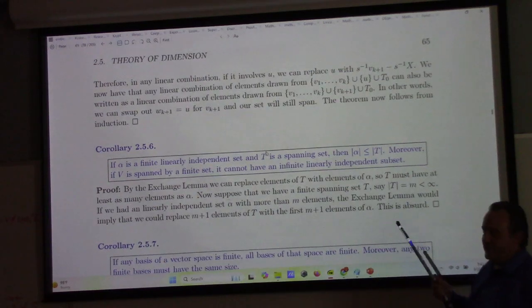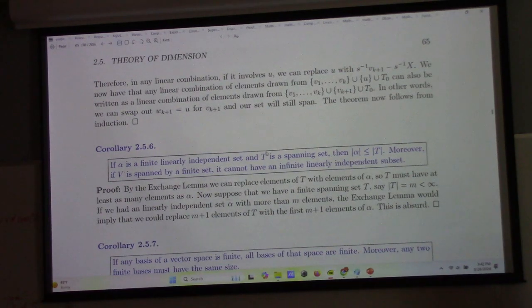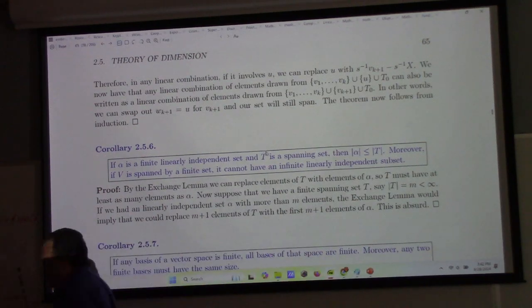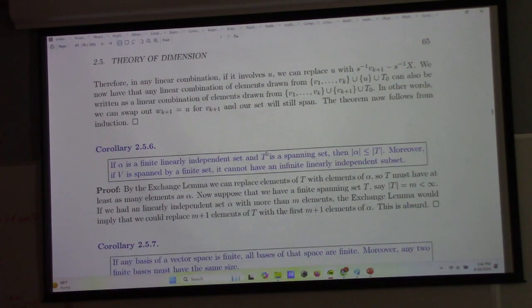It's not possible. So you can't have an infinite set inside. If alpha is a finite linearly independent set and T is a spanning set, then the cardinality of alpha has to be less than or equal to the cardinality of T.